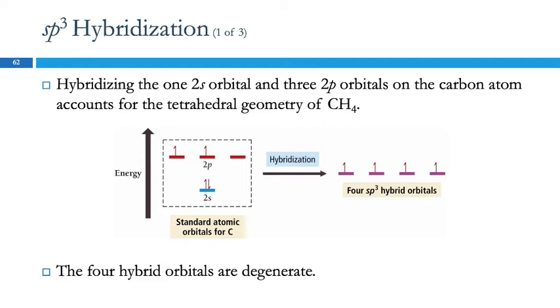So if we think of it this way, more horizontally, here's our s room and our p room with 3 beds. What we're going to do is rearrange, remodel, and basically tear down the wall between them, and so now we're going to have 4 beds all in one room.